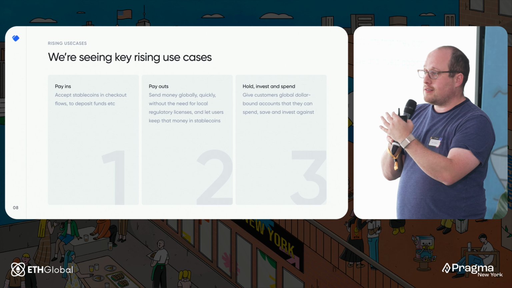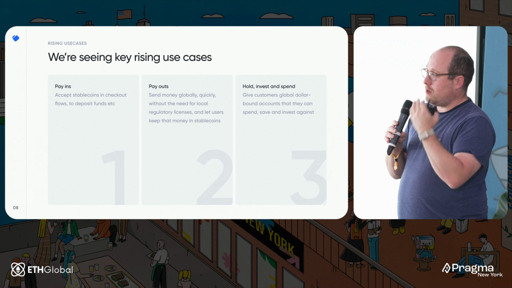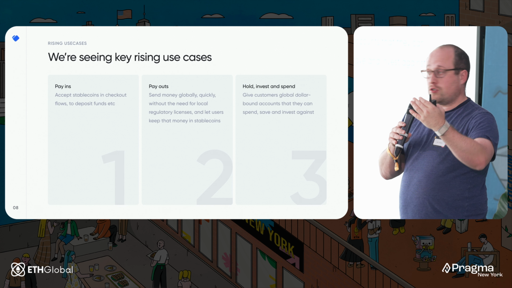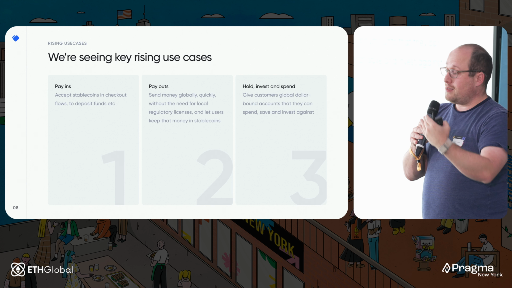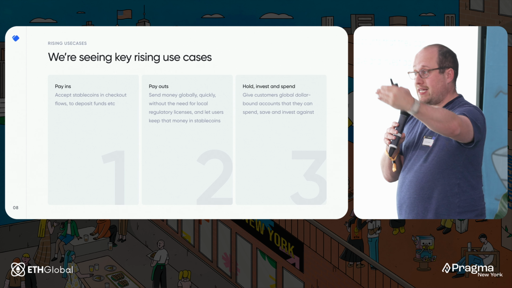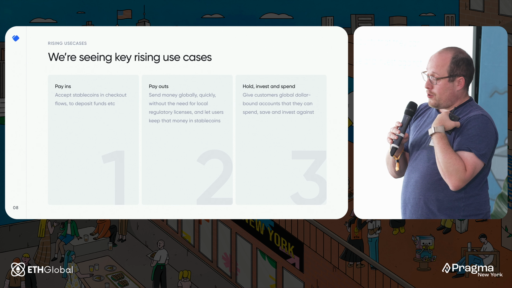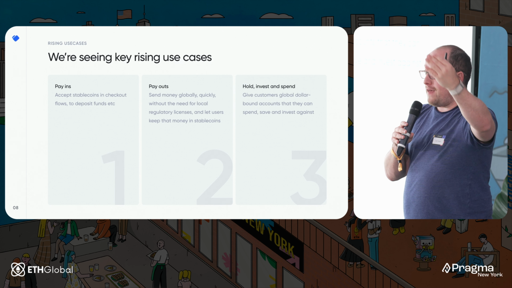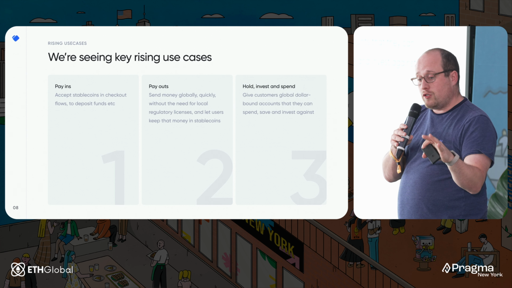And they happen across multiple fields that sound very different, but are really familiar and similar, which are accounts payable. So I want to pay a vendor, so B2B. Contractor and employee payment, so B2C, I'm a company, I want to pay an employee on the other side of the world. Or remittance, C2C. I am a person, I want to remit money to my family member on the other side of the world. Right? So these use cases all fall into payouts.